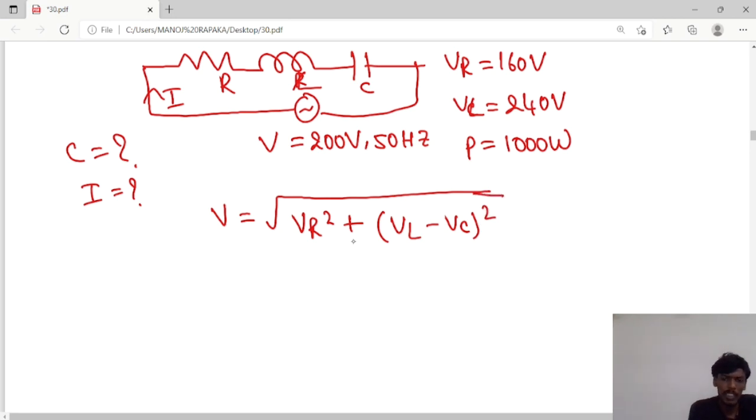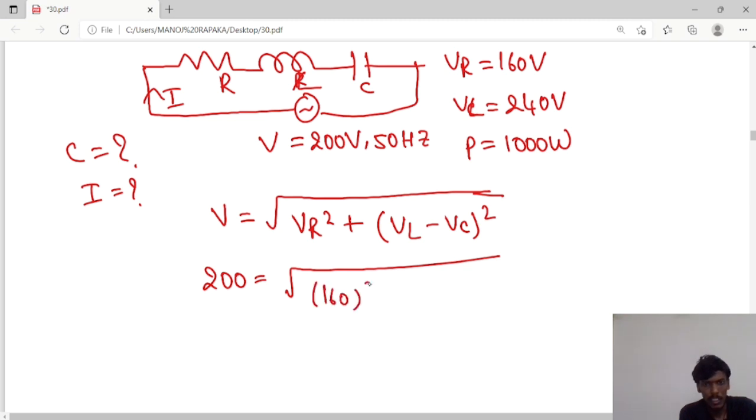The total voltage he has given as 200, the voltage across the resistor is 160 volts, and VL he has given as 240, minus VC. The VC voltage he has not given, so we are considering it as an unknown voltage VC.